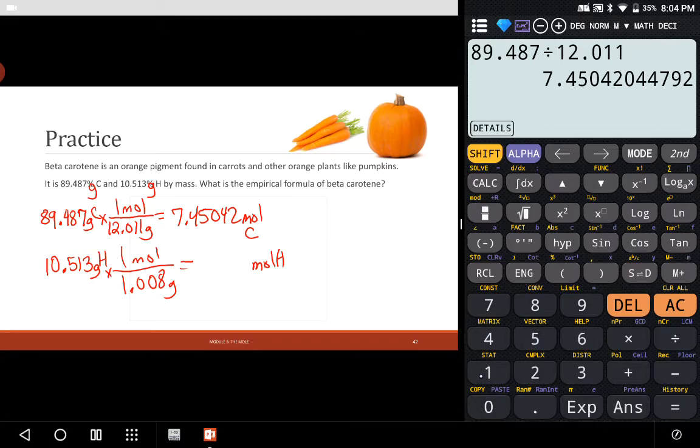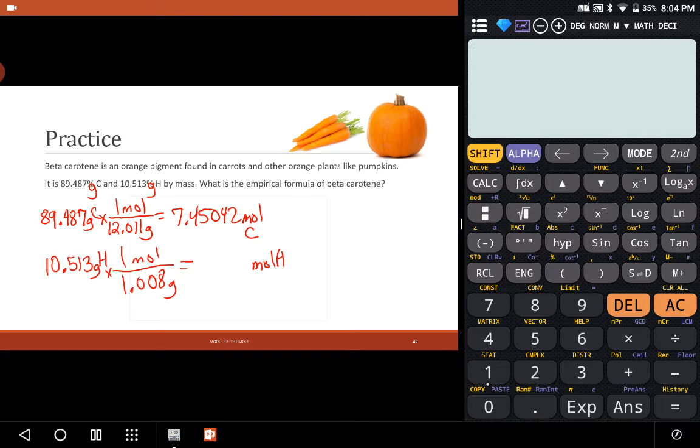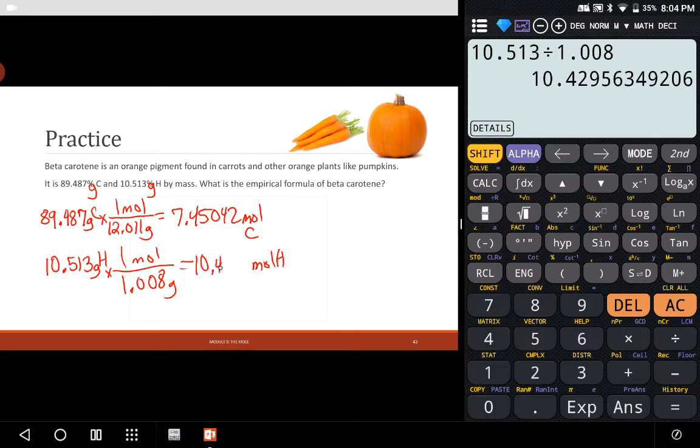Okay, so 10.513 divided by 1.008, and that is 10.42956.